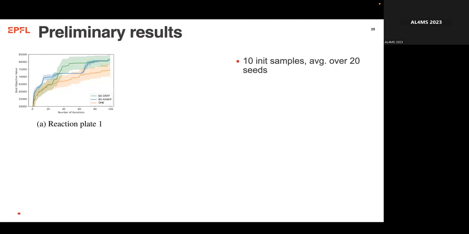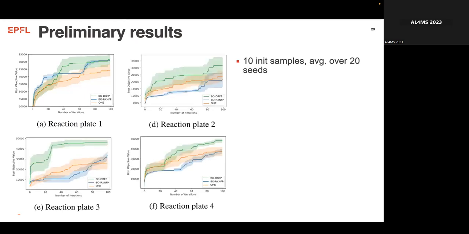All you see here is with 10 initialization samples and averaged over 20 seeds. And the Bayesian optimization approach using the DRFP seemed to work well on all the 3 plates.